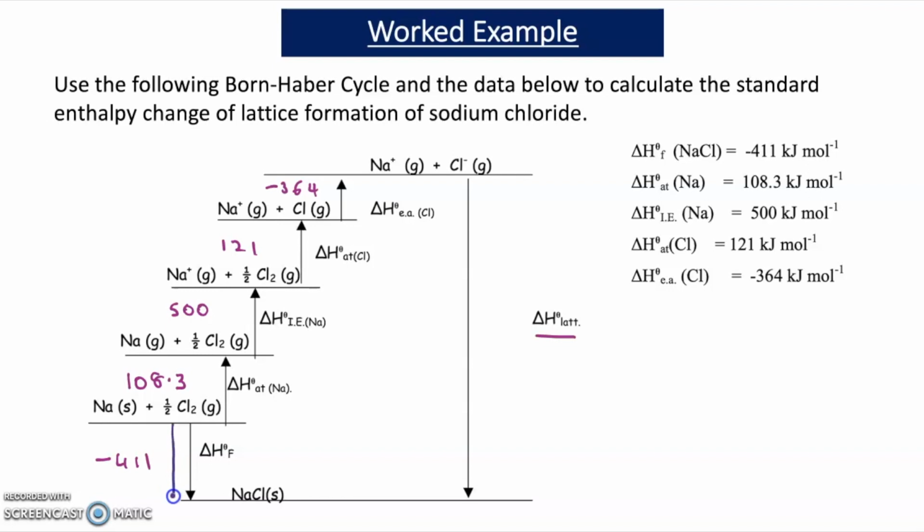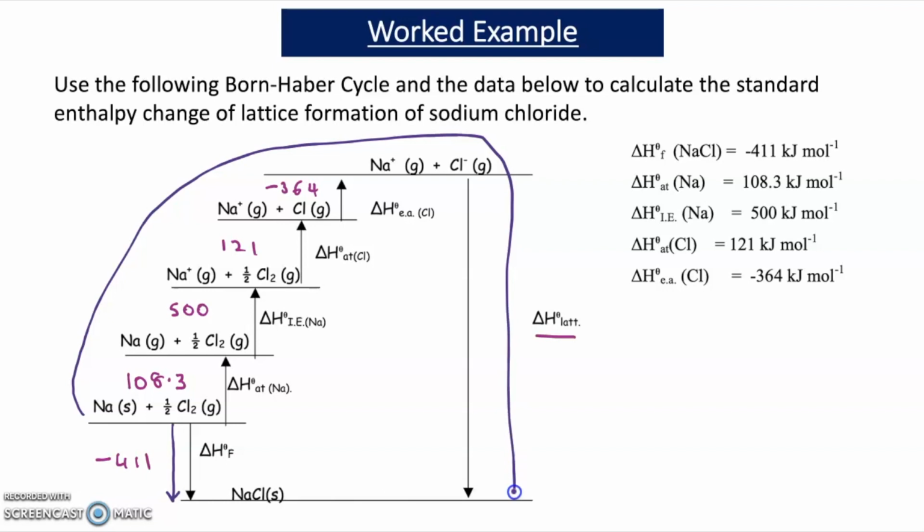Hess's Law says it doesn't matter if a reaction takes place in one step or a number of steps, the energy change is the same. So if I have delta HF here, which is minus 411, I could go an alternative route to convert Na solid and half Cl2 gas to NaCl.